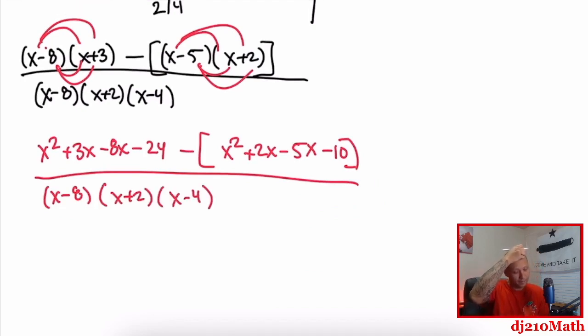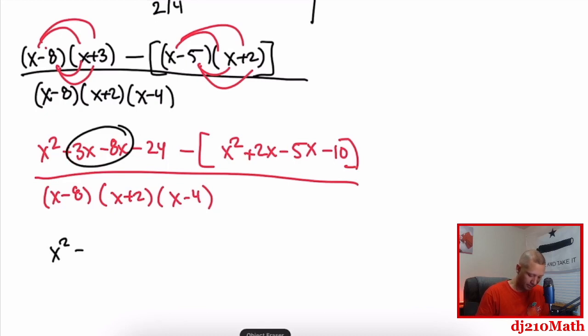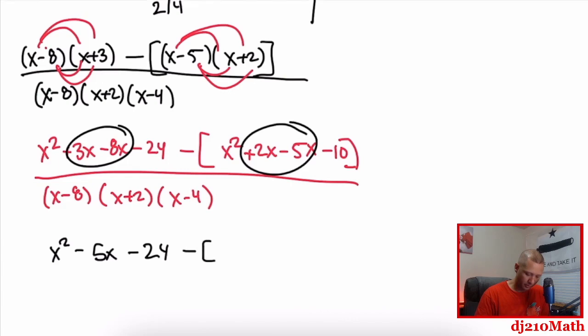All right. Let's combine like terms and then distribute. So x squared minus 5x minus 24. And here, negative.